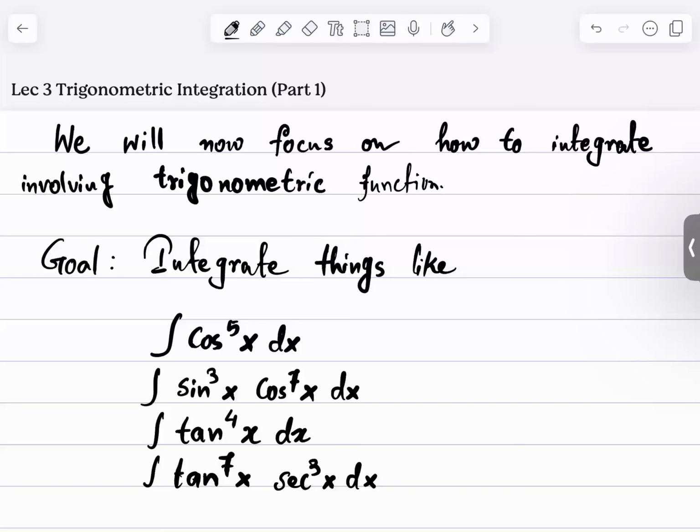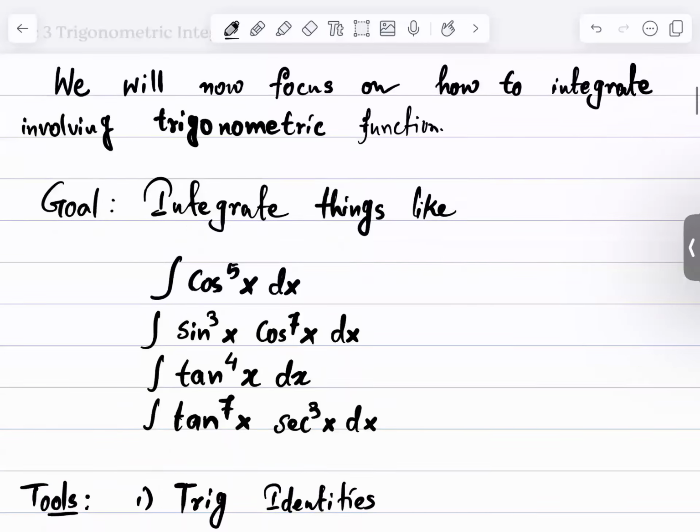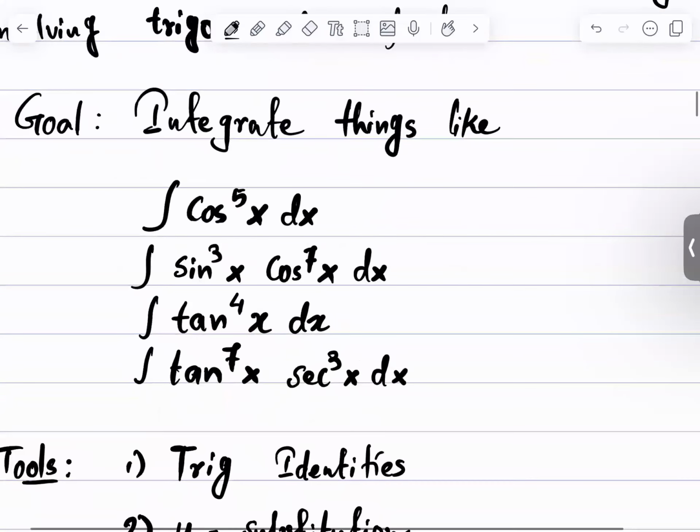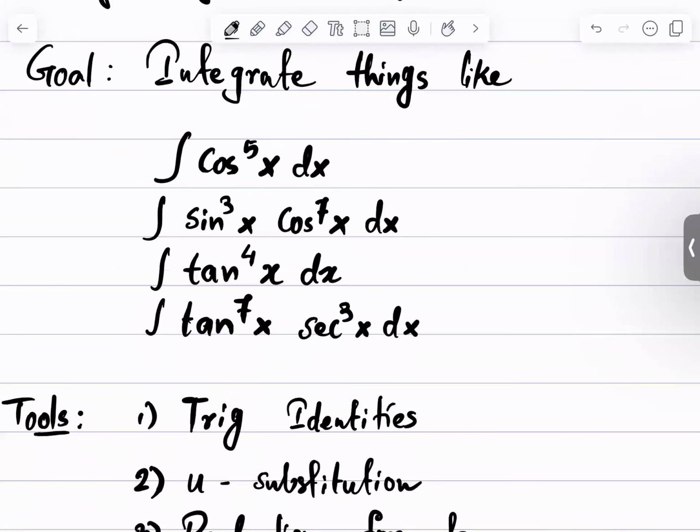Hi all. So today we'll be focusing on integrating trigonometric functions. Our goal for this lecture and probably the next lecture will be how to integrate this sort of functions: cosine to the 5x dx, sine to the third, cosine to the 7x dx, tan to the 4 dx, and the last one is this.